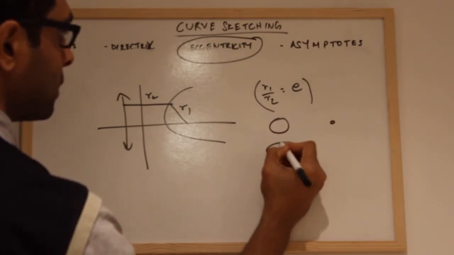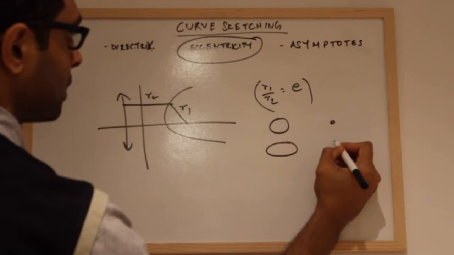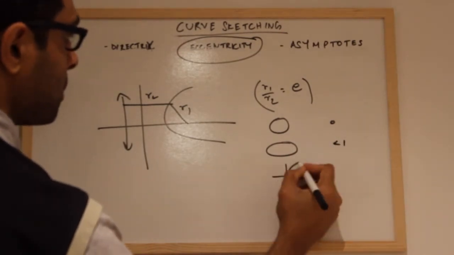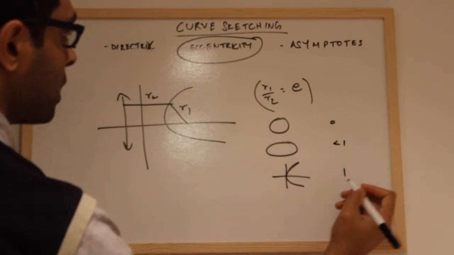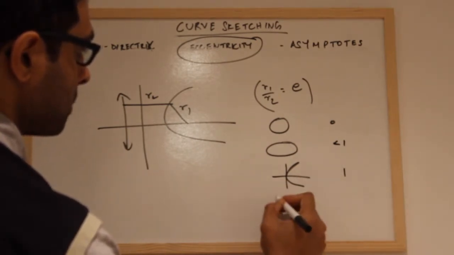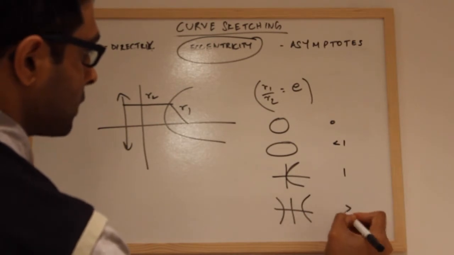For ellipse, the eccentricity is less than 1. For parabola, the eccentricity is 1. For hyperbola, the eccentricity is greater than 1.